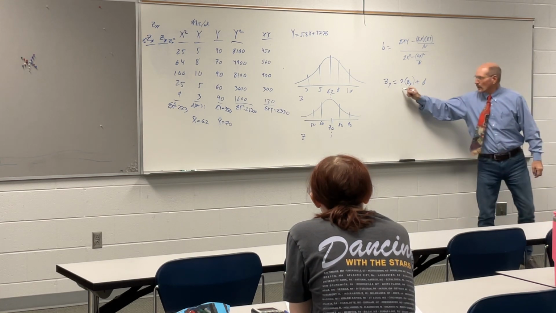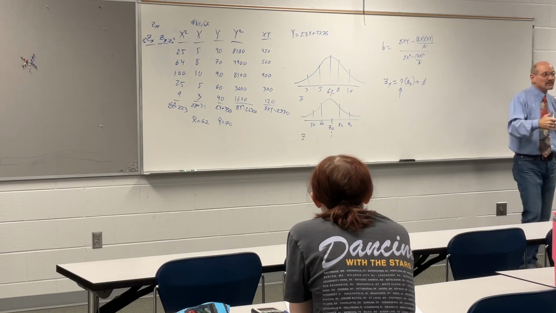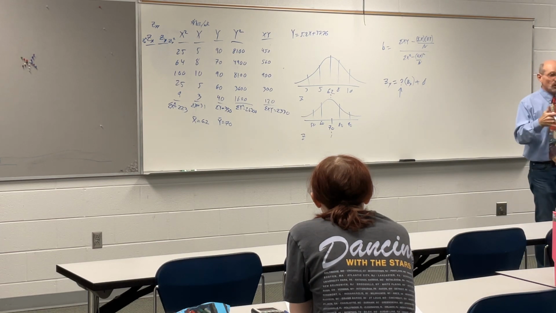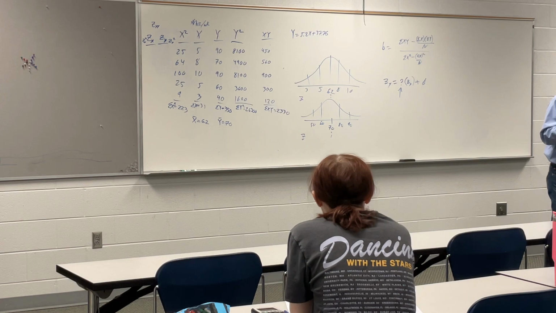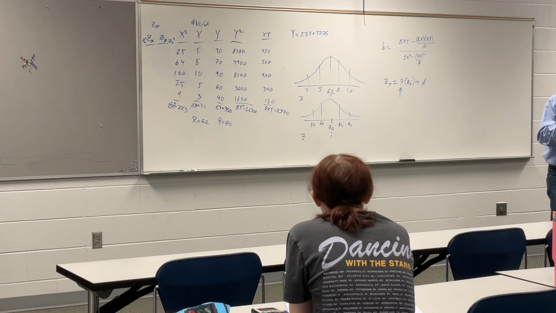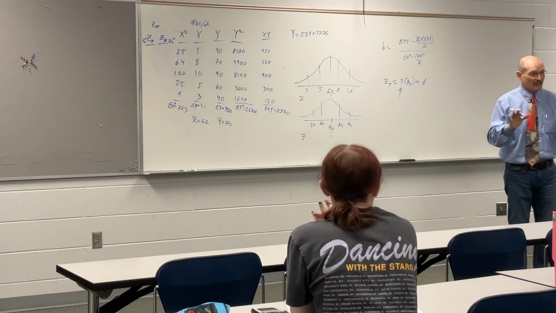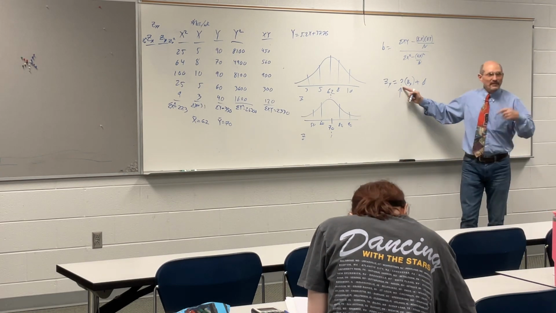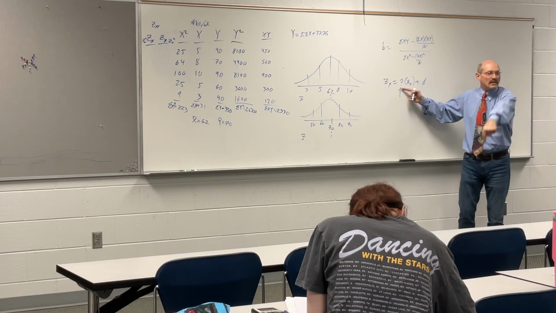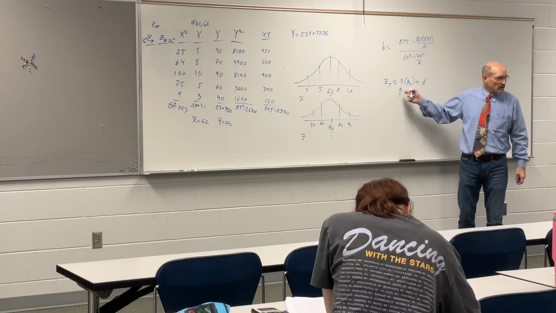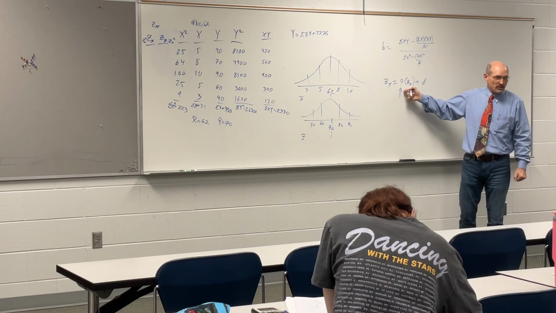What I'm looking at is, what is this term? It's effectively going to be the slope of Z scores. That value, the effective slope of Z scores, is the correlation coefficient. It's called the correlation coefficient.